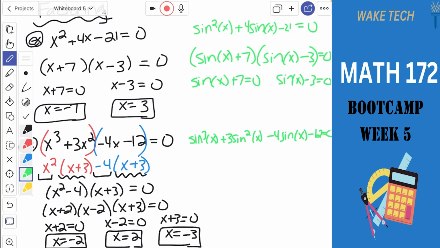And since the original equation in black is identical in structure to the trig equation in green, ultimately what that means is that the one in green can factor in the same sort of way too. Sine x plus 2 times sine x minus 2 times sine x plus 3.